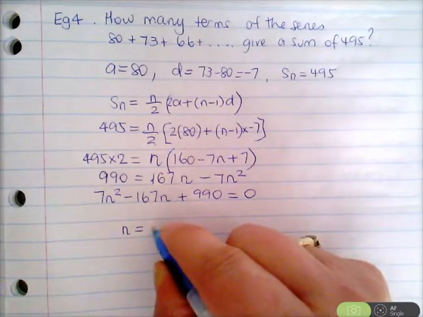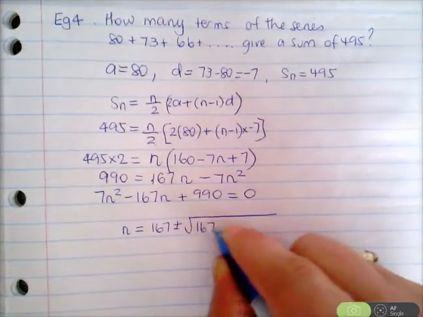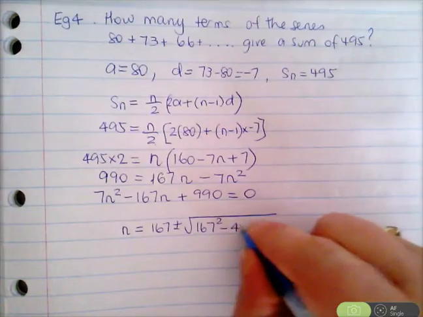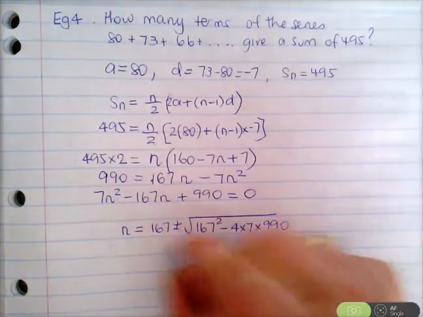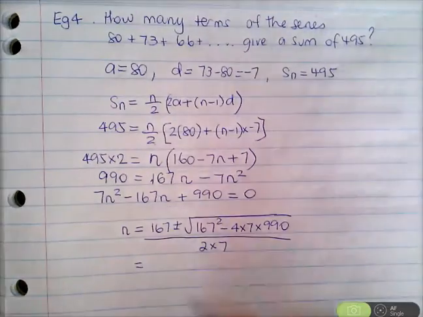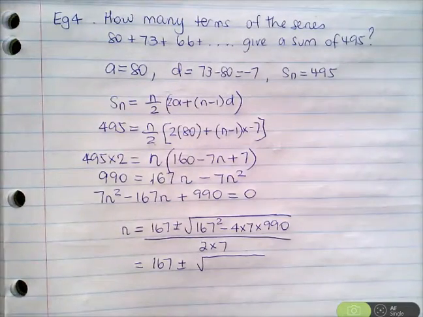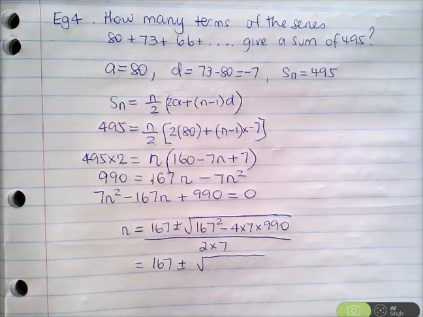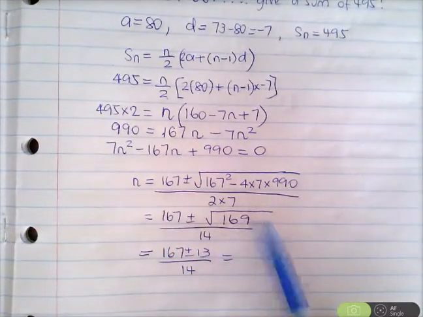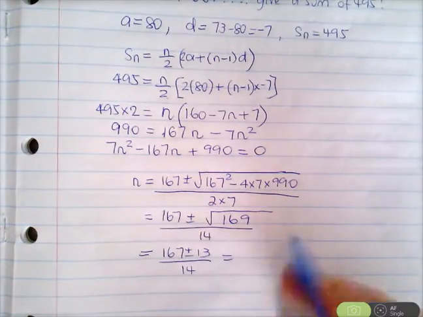So n is negative b, which is 167, plus or minus the square root of negative 167 squared, which will be the same as 167 squared, minus 4 times 7 times 990, over 2 times a, which is 2 times 7. So that's 167 plus or minus the square root of, need to work out that expression under the square root sign. The expression ends up being 169, so it's 167 plus or minus the square root of 169, which is 13. So 167 plus or minus 13 on 14.